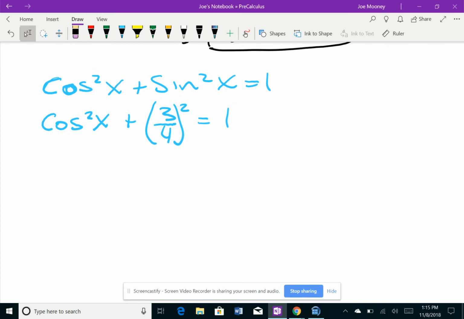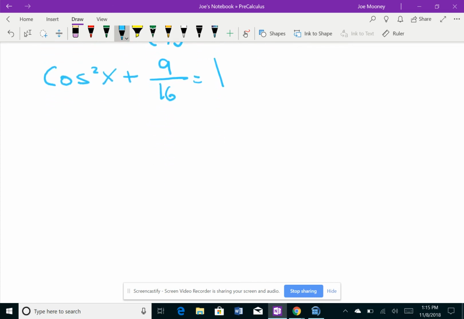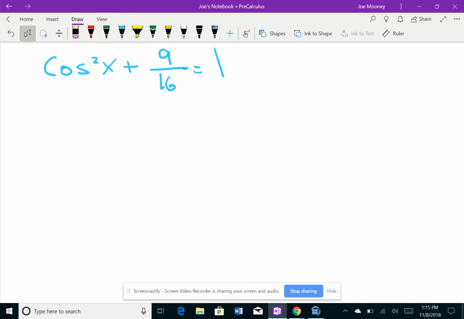Now just solve it, because I only have one thing to solve for. It's just a basic algebra 2 solution now. So let's clean it up and make it easy. Cosine squared of x plus 9/16, because that is 3/4 squared, is equal to 1. I'm obviously doing a ridiculous amount of steps here. If you can do it in your head, that's exactly what you would do.